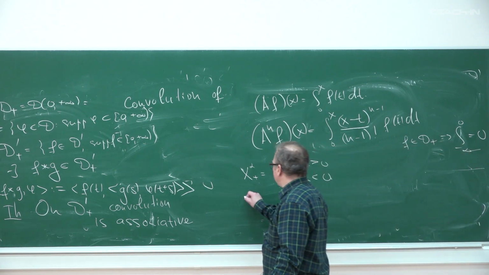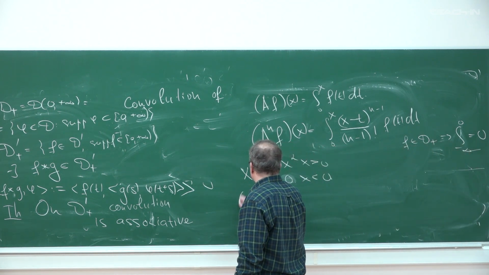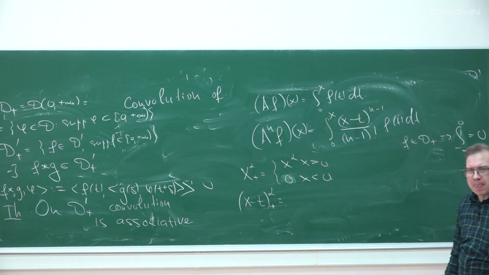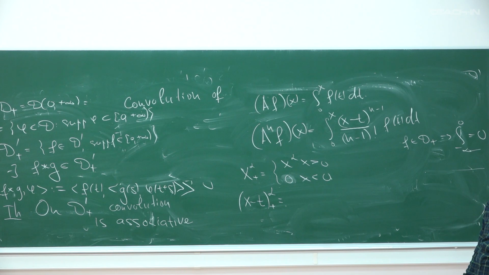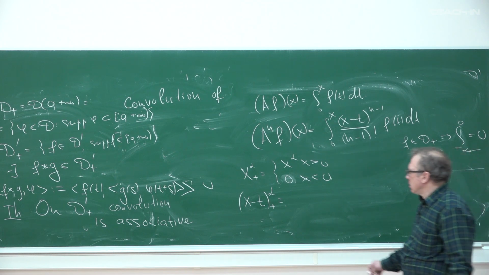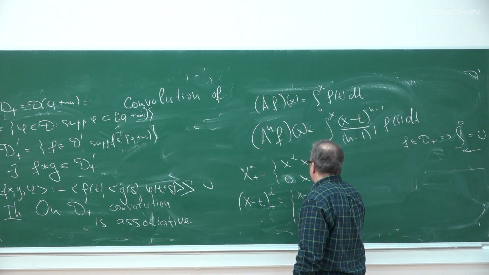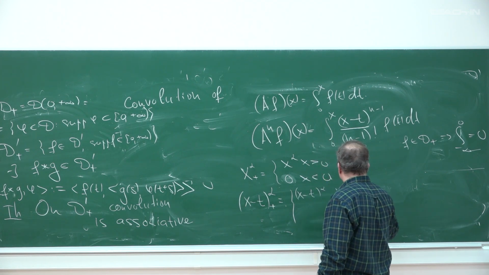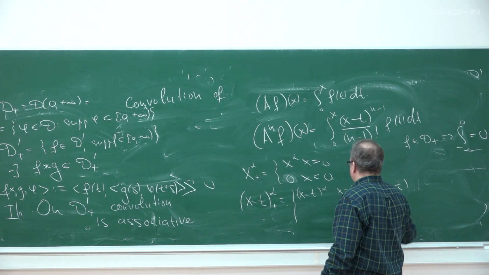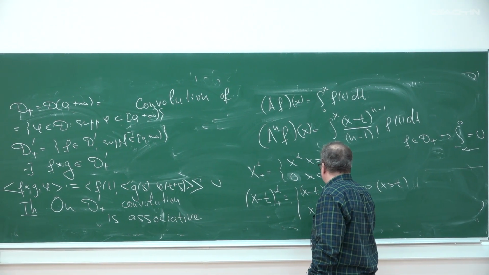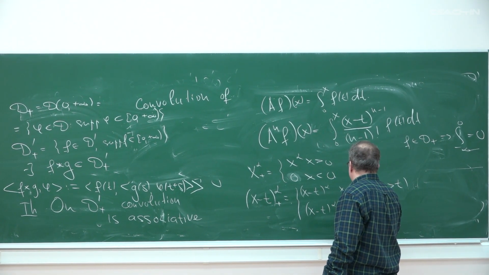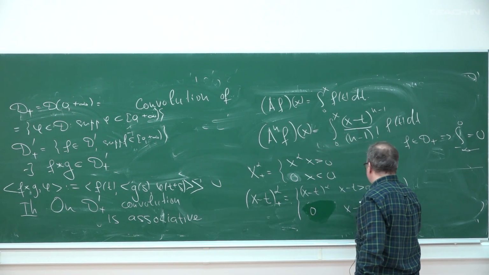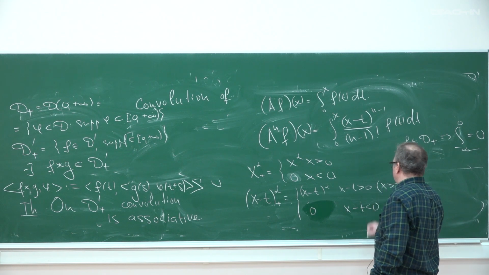So what is the equality for this function, x minus t? It is x minus t to the power alpha if x minus t is positive, and 0 if x minus t is negative.